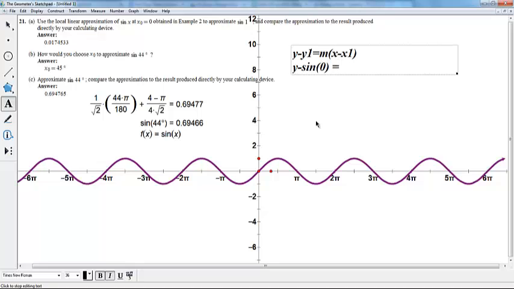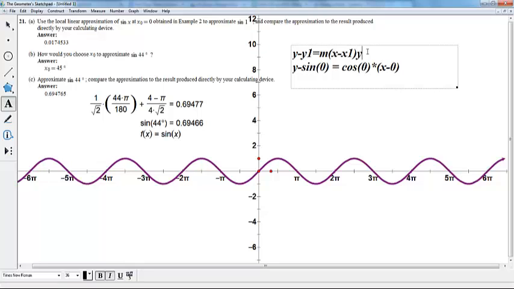That's equal to m, and m is the slope of the tangent line, which is also the value of the derivative at that point. The derivative of sine is cosine, so we have the cosine of 0 times x minus x1, and our x1, as it's given here, they're calling it x0, but it's really x1, is 0, so it's x minus 0.